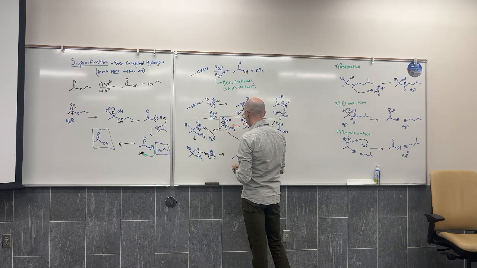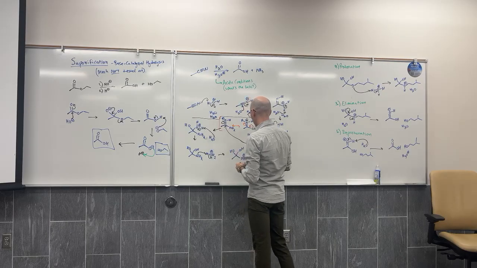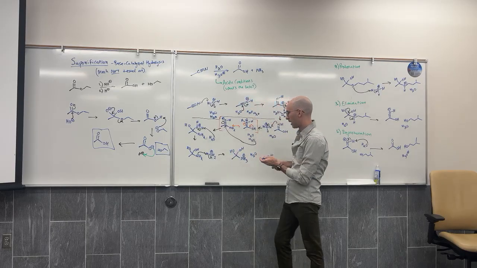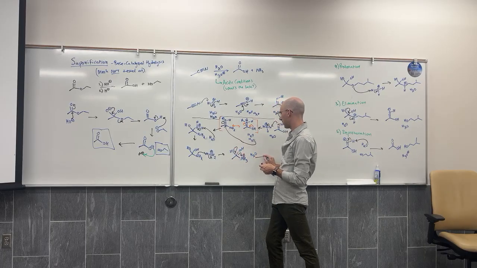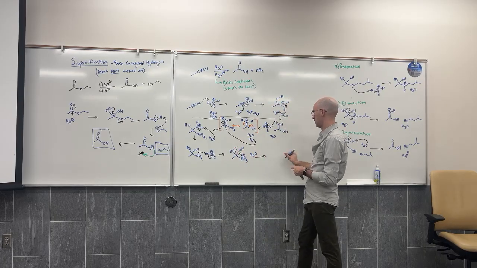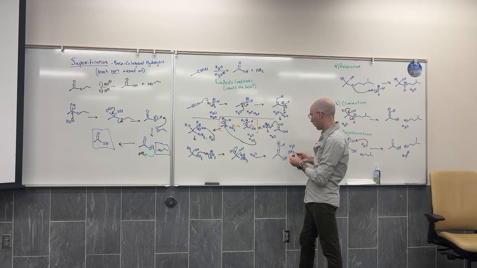Now that I've got a good leaving group, because it's positively charged, one of my oxygens reforms the carbonyl, just like we saw with the hydrolysis of the ester. At this point, I've got my protonated carbonyl, I've got my ammonia, and I've got water.